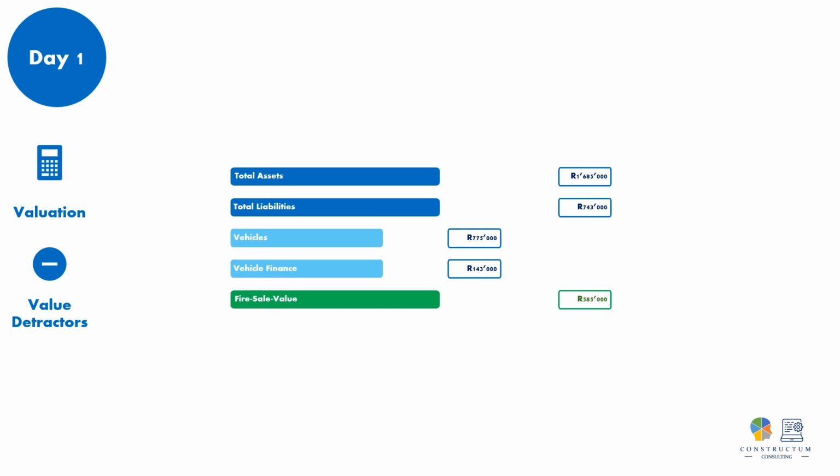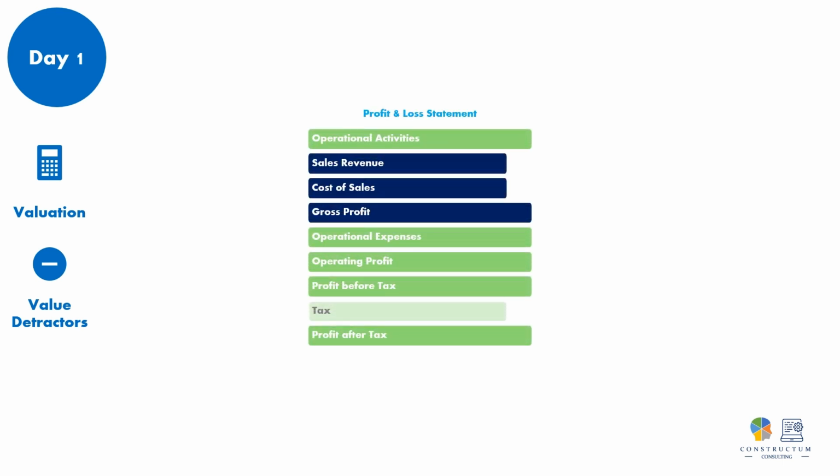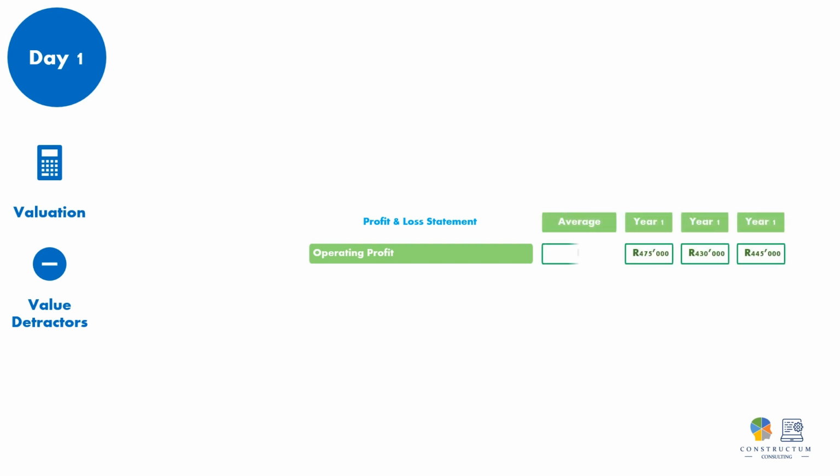This represents the low value of the business, the value the owner would realize if the business had to be liquidated. Next, we consider the high or profitability multiplier value of the business. Here we turn our attention to the profit and loss statement, and more specifically to operating profit as a proxy for earnings. But we need to consider operating profit over at least 3 consecutive years to arrive at an average.